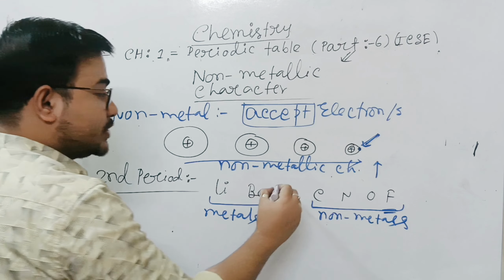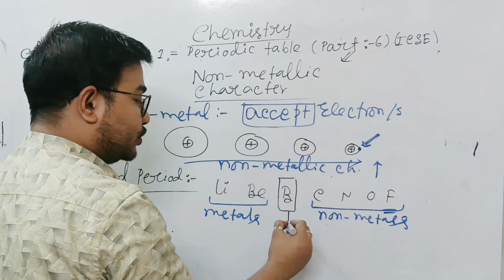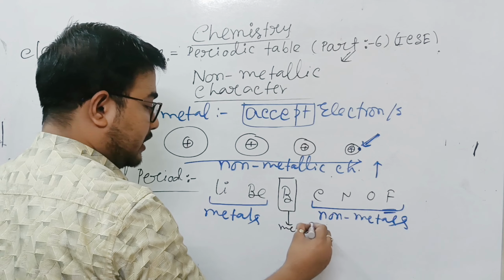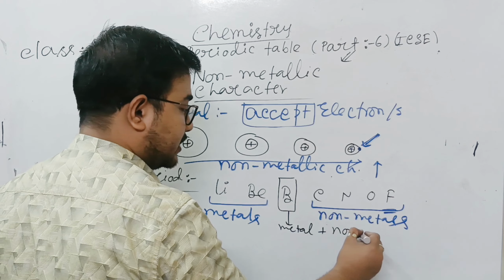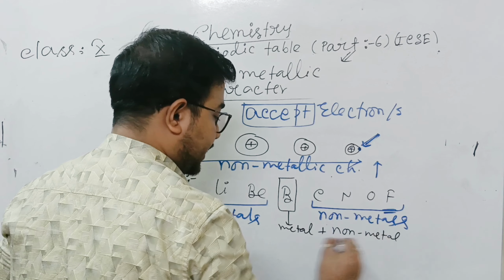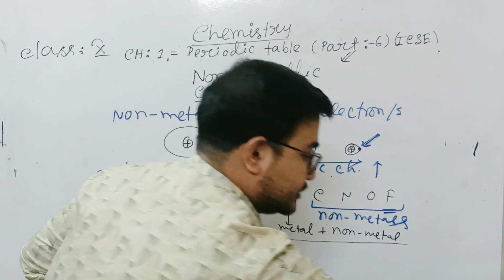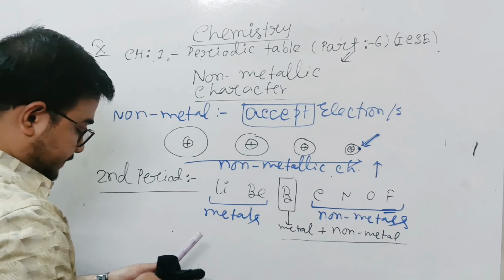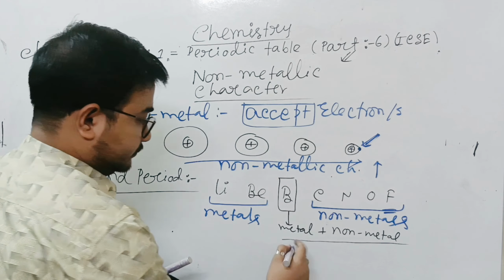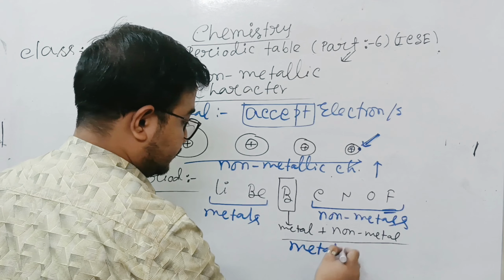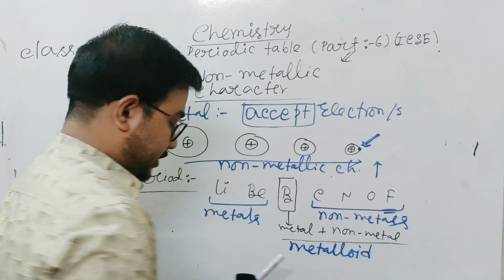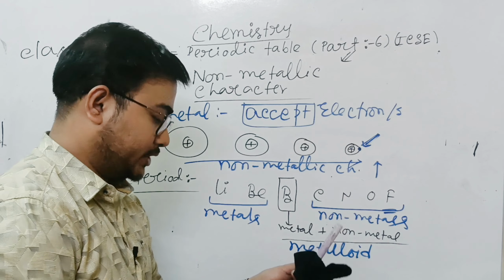So in case of boron, it has both character, metal plus non-metal. That is why it is called metalloid. Okay, that's why boron is known as metalloid. So boron has both character.